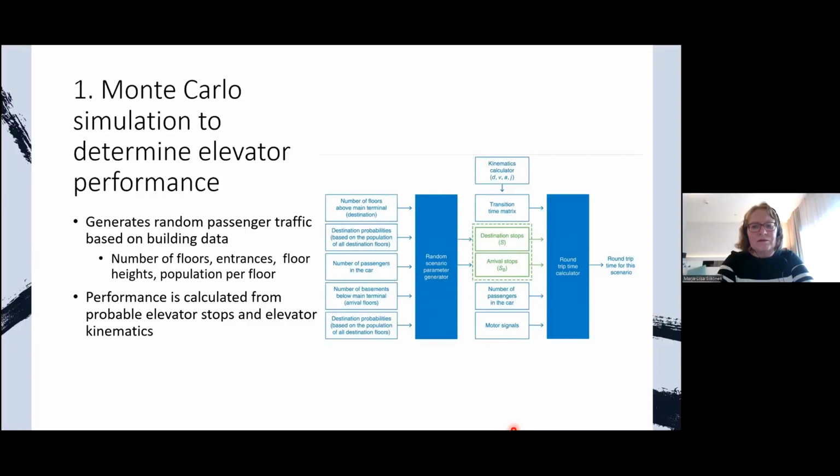And then using kinematic equations, we can calculate the round trip time. So this system is based on probability theory only. It doesn't have any control systems.